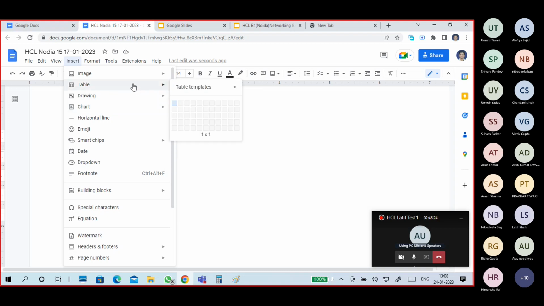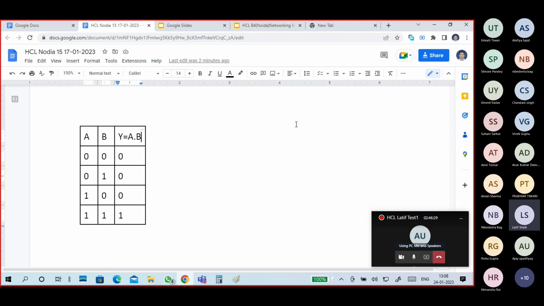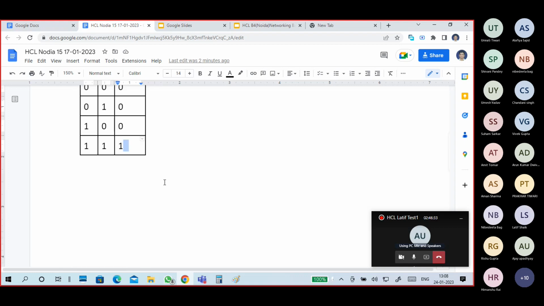Very good. That is a good one. Actually, I need one text box which I can put here. It is a column. Yeah, now I got it.